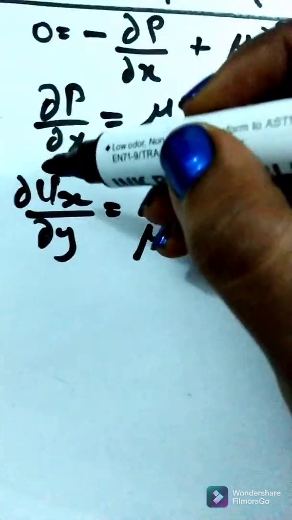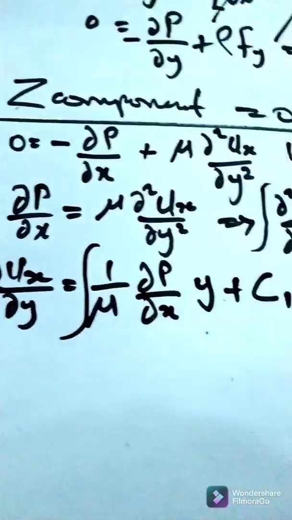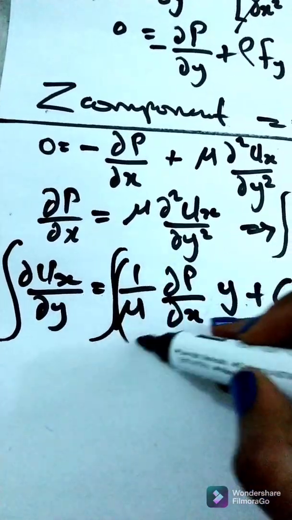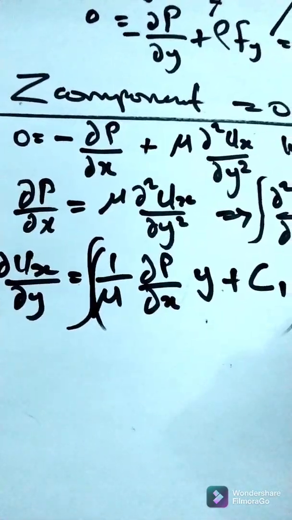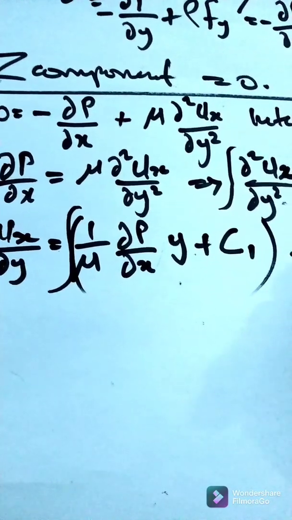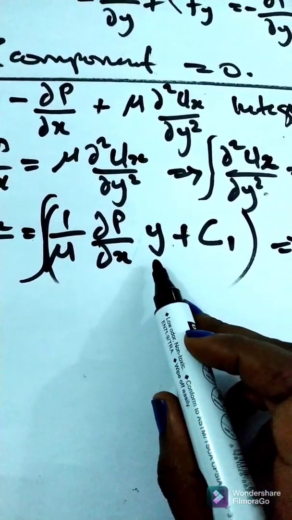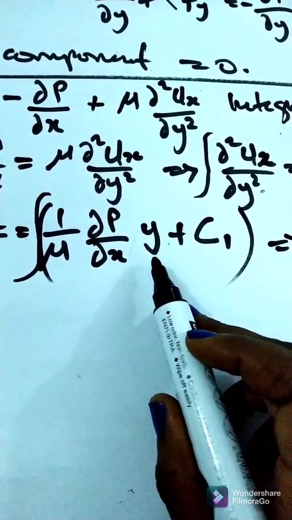Further integrating this equation, integrating ux gives us ux, and integrating y gives us y square all over 2.